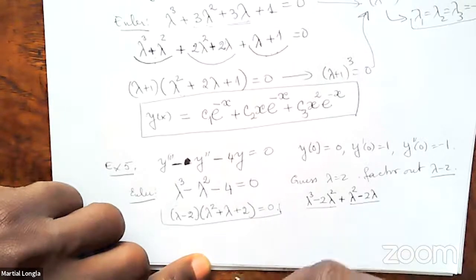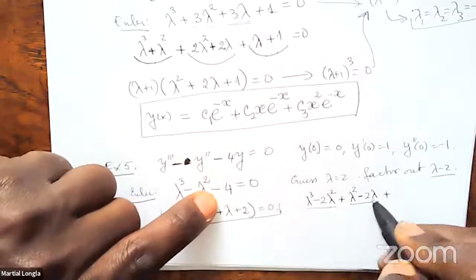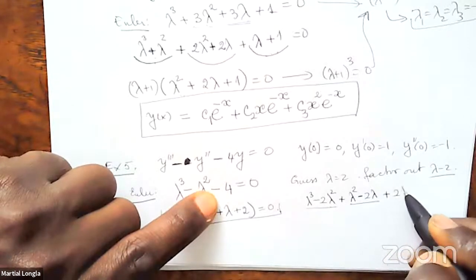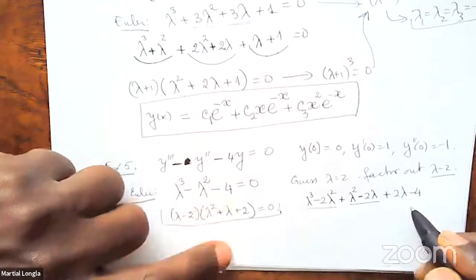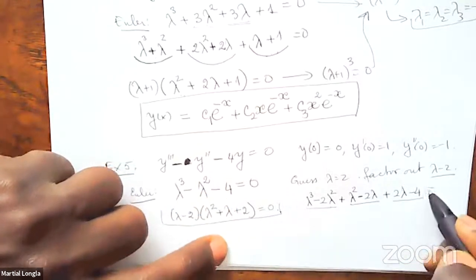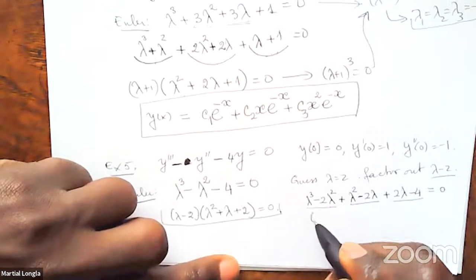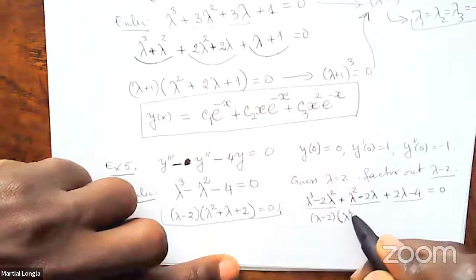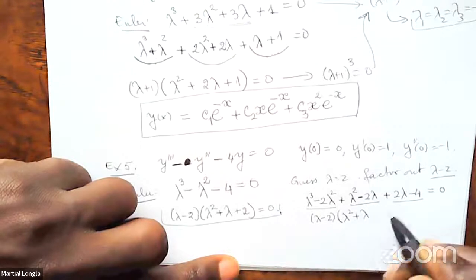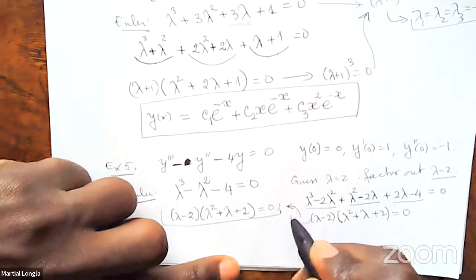These two I can factor lambda minus 2 from them. I had no lambda, I had to bring them in, so I add the 2 that I subtracted here, and then minus 4 that was there. And from these two, I can also factor out lambda minus 2. And so you can see that if I put lambda minus 2 out, I'm going to have here lambda squared plus lambda plus 2 equals 0, which is the same answer he just reported here.